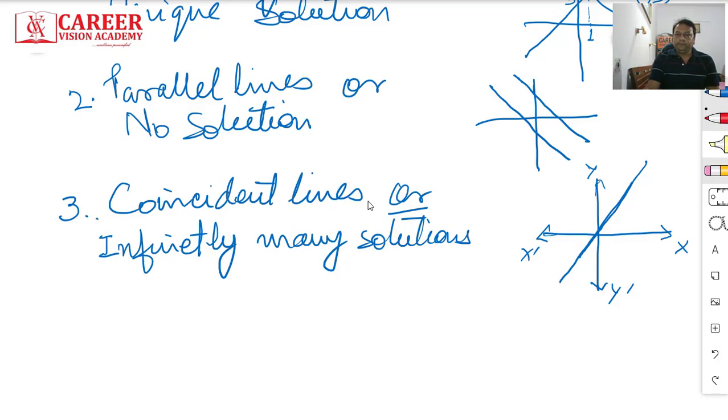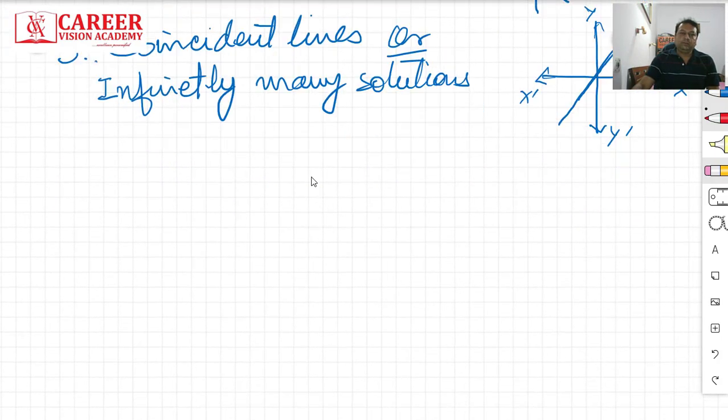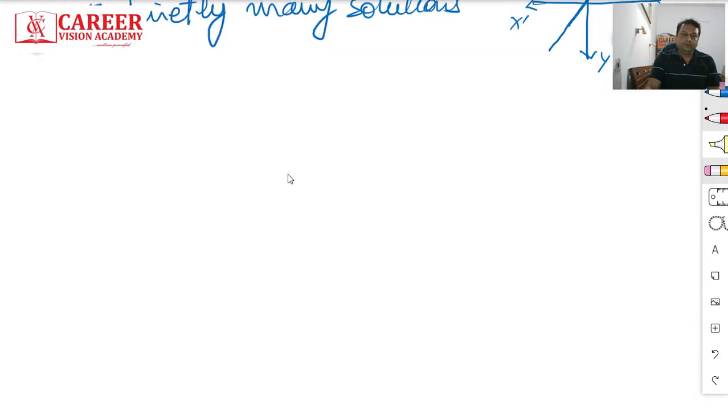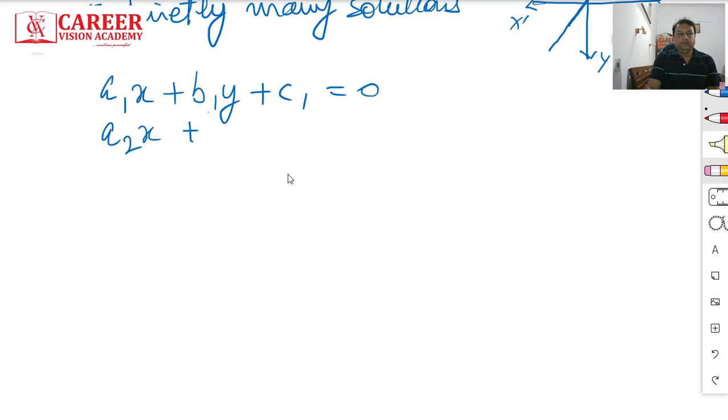Now, as we talked about the general form of linear equations, we took two equations: one was a1x plus b1y plus c1 is equal to 0, and the second one was a2x plus b2y plus c2 is equal to 0.